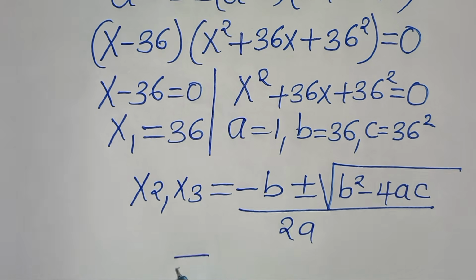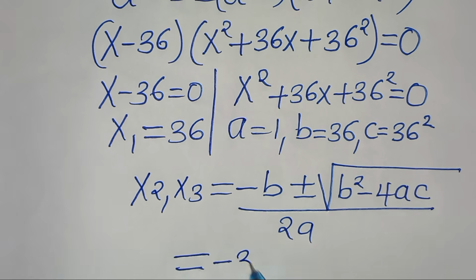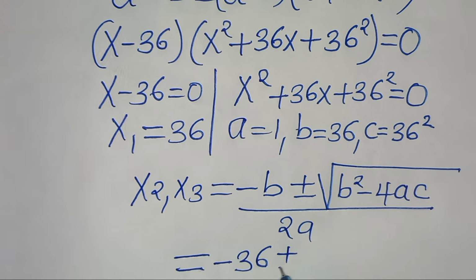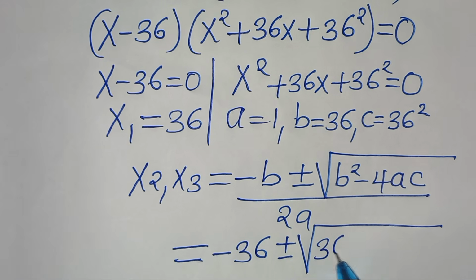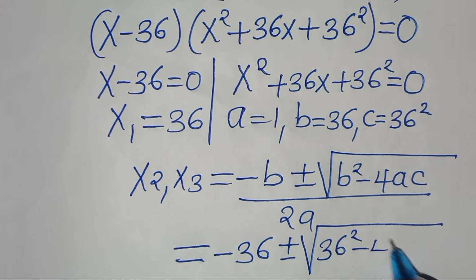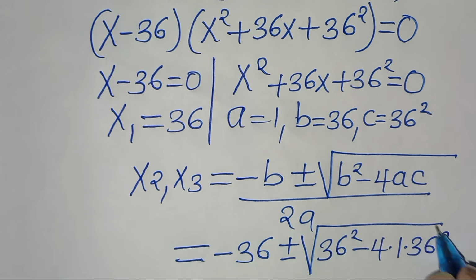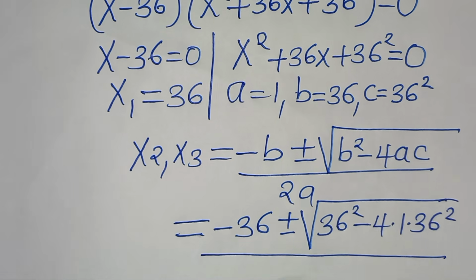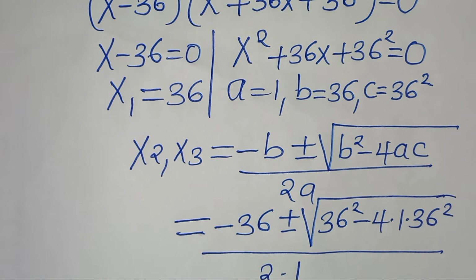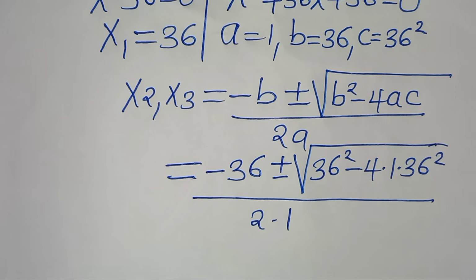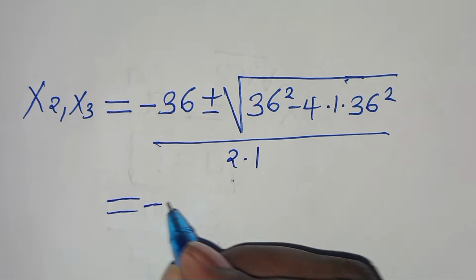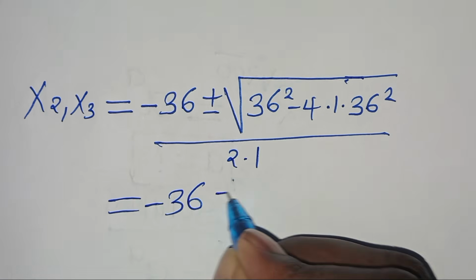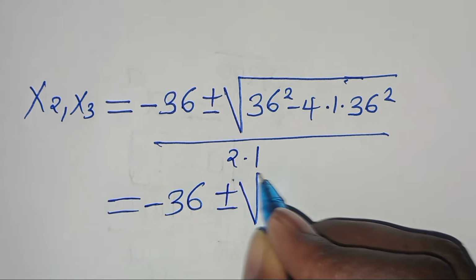So this is equal to negative 36 plus or minus the square root of 36 to the power of 2 minus 4 times a, which is 1, then times 36 to the power of 2, divided by 2 times 1. Now this is equal to negative 36 plus or minus the square root of.